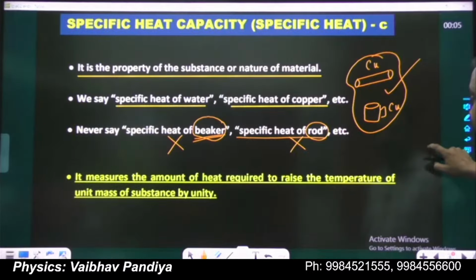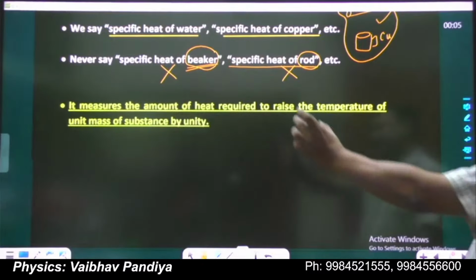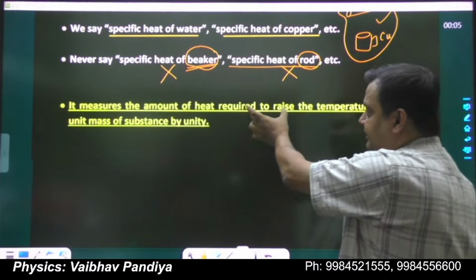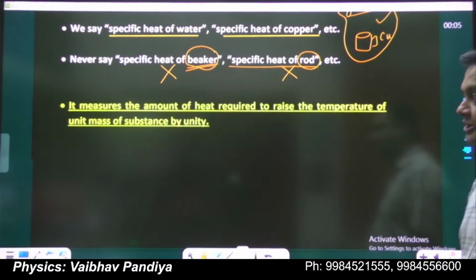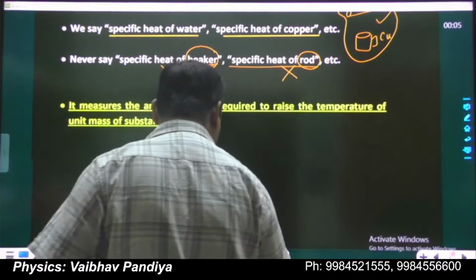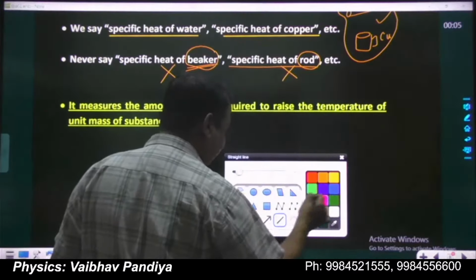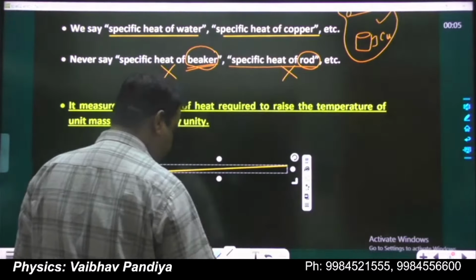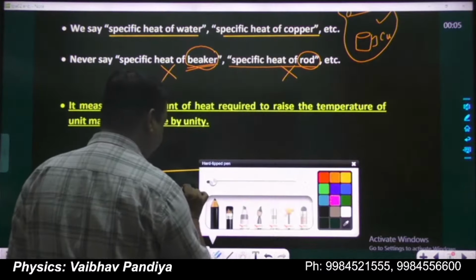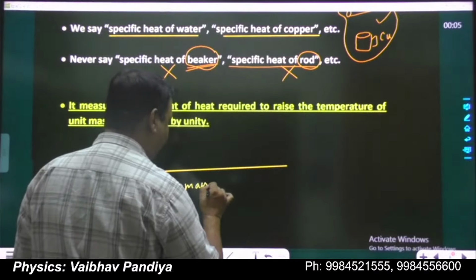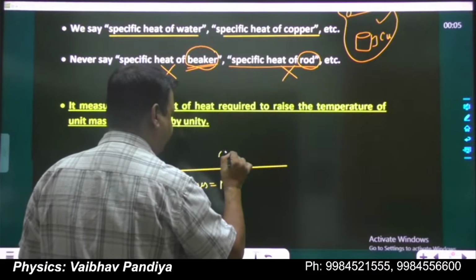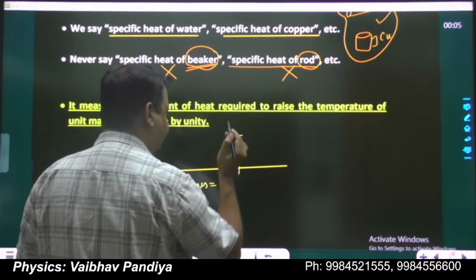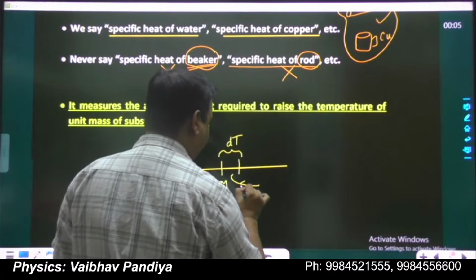Now let's see what is measured by specific heat. It measures the amount of heat needed to raise the temperature of unit mass of a substance by unity. So basically it measures how much heat is needed by the substance. Suppose we have a substance of mass m, and you are raising its temperature by amount dt, and the amount of heat needed is dq.